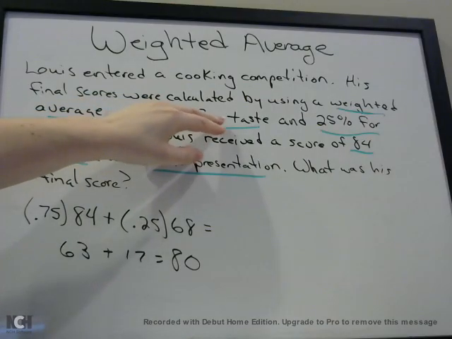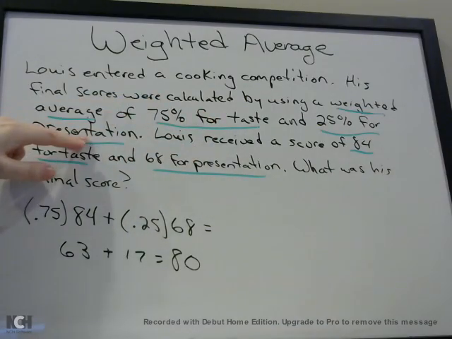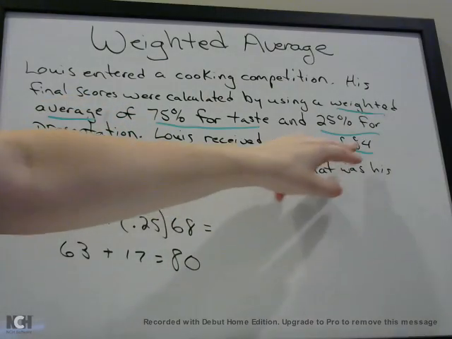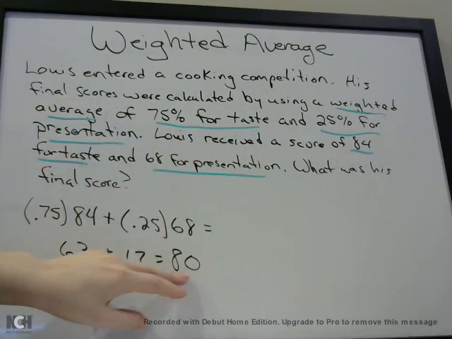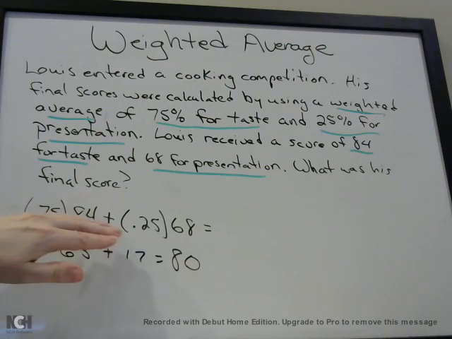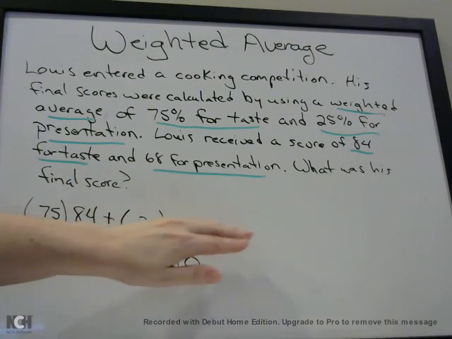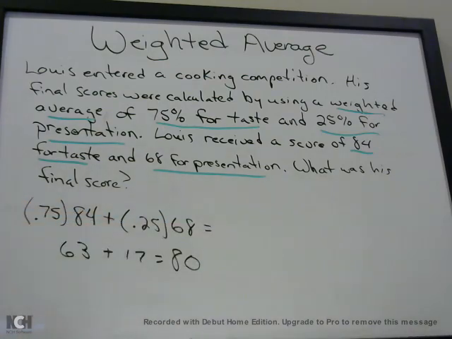So taste is more important than presentation, so it has more weight. And so since he had a higher score on taste, the average is increased from what just your normal mean would be. So again, just remember when you see weighted average, the weight times the score plus the weight times the score plus the weight times the score plus the weight times the score, however many numbers that you have.